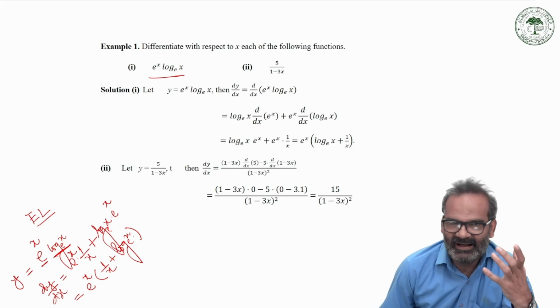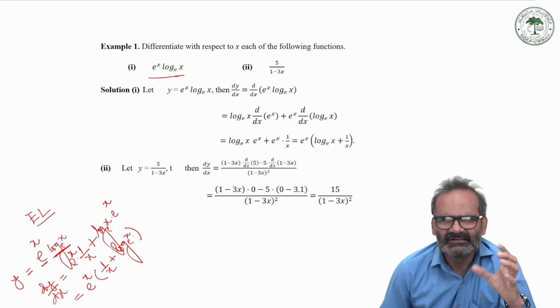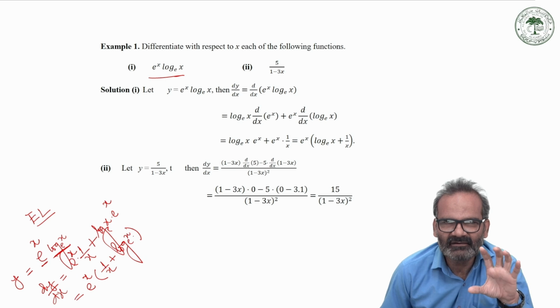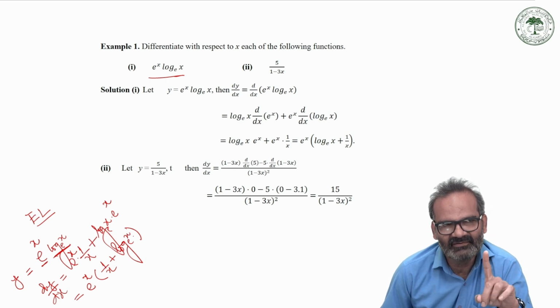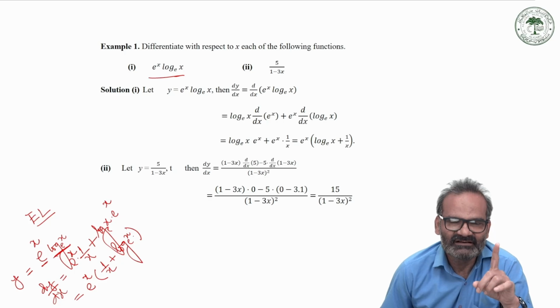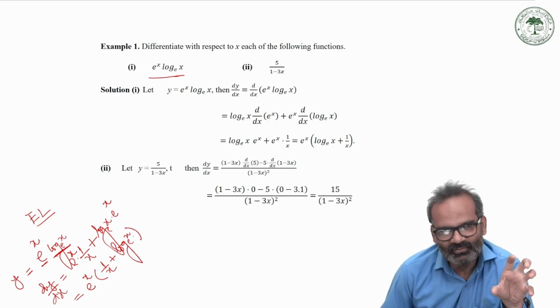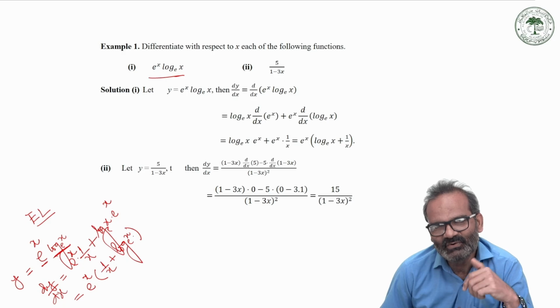Hope the method is clear. You will get three possibilities: one, an algebraic function multiplied with an exponential function; two, an algebraic function multiplied with a logarithmic function; and three, an exponential function multiplied with a logarithmic function. Out of these, you can encounter any one to use the product rule.